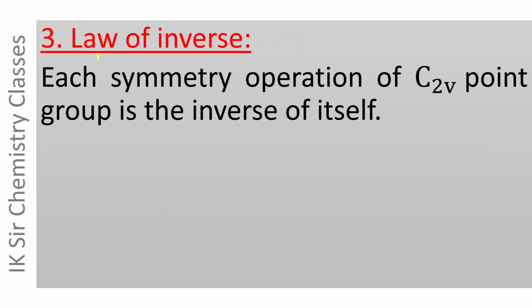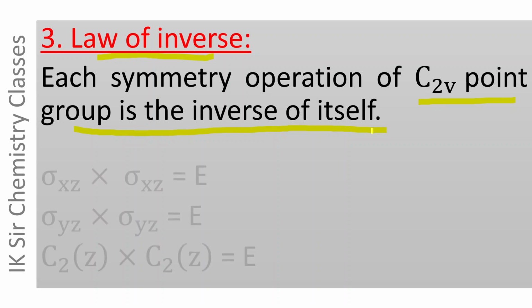The third law is law of inverse. Each symmetry operation of C2V point group is the inverse of itself because each symmetry operation when multiplied by itself produces identity operation.